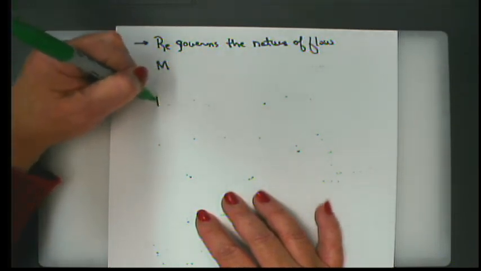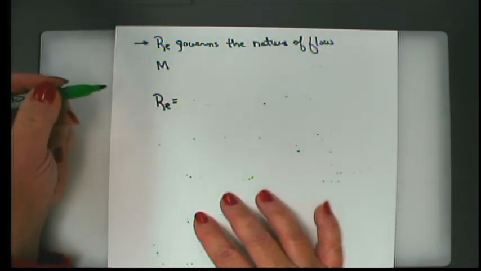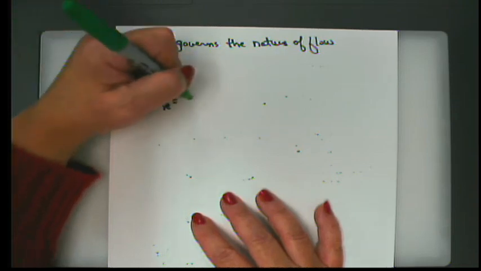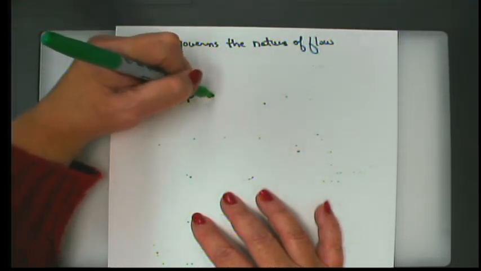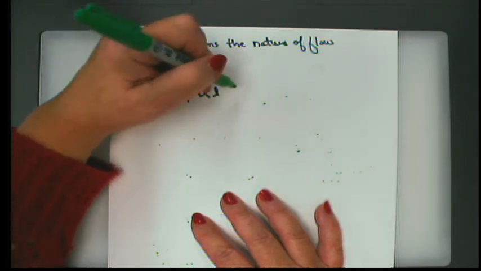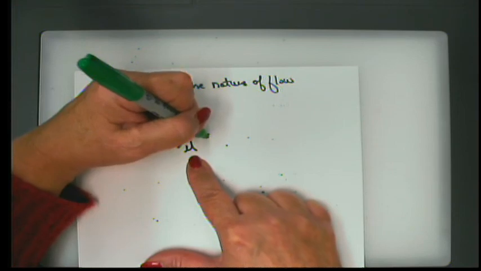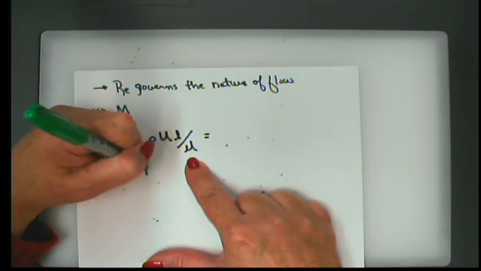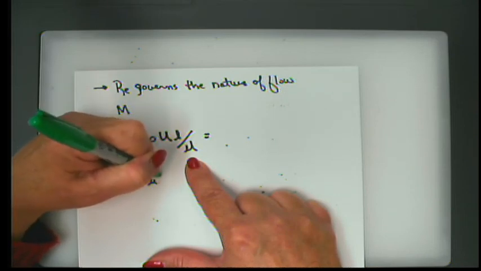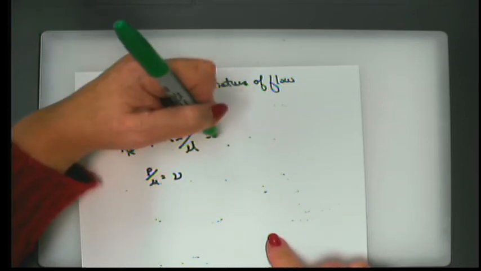So first of all, we know from our previous work in other chapters that the Reynolds number can be described as density times U times some characteristic length over mu, viscosity, or we can remember that rho over mu is equal to nu, which is the kinematic viscosity.